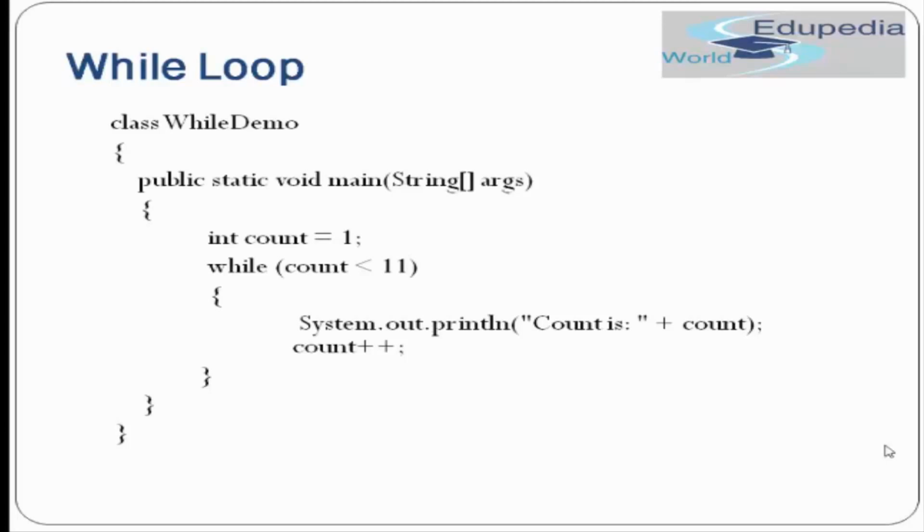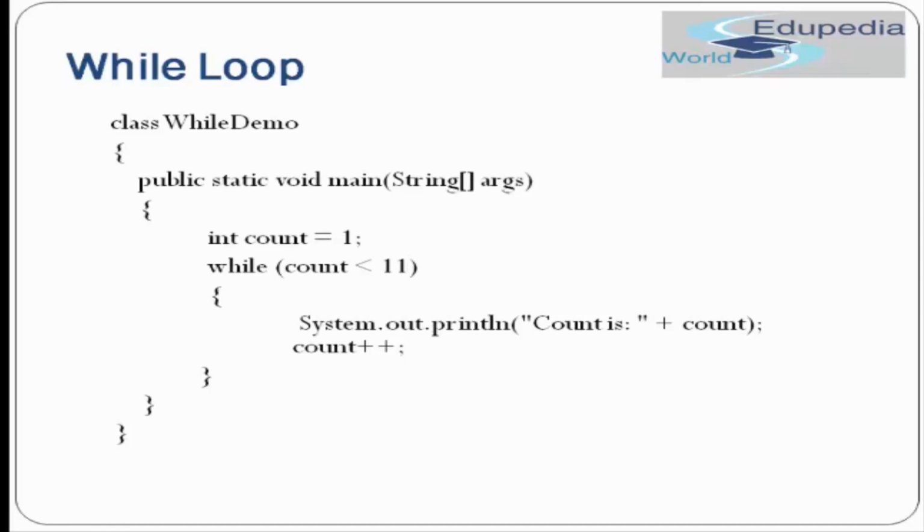And the statement we are executing is printing the value of count. After printing the value of count, we are incrementing the count by 1. So you can see the three sections of a loop: initialization happens over here, the increment is happening over here, and this is the condition where we terminate our loop. I hope it's clear how it is done.